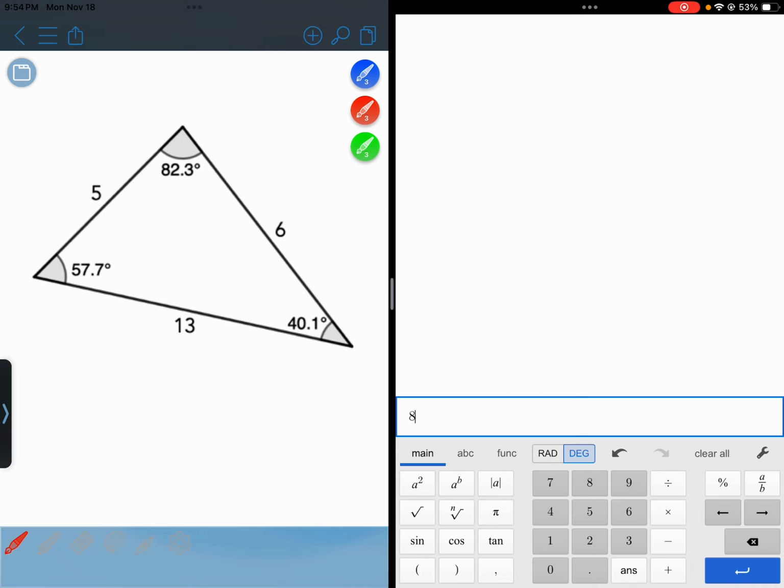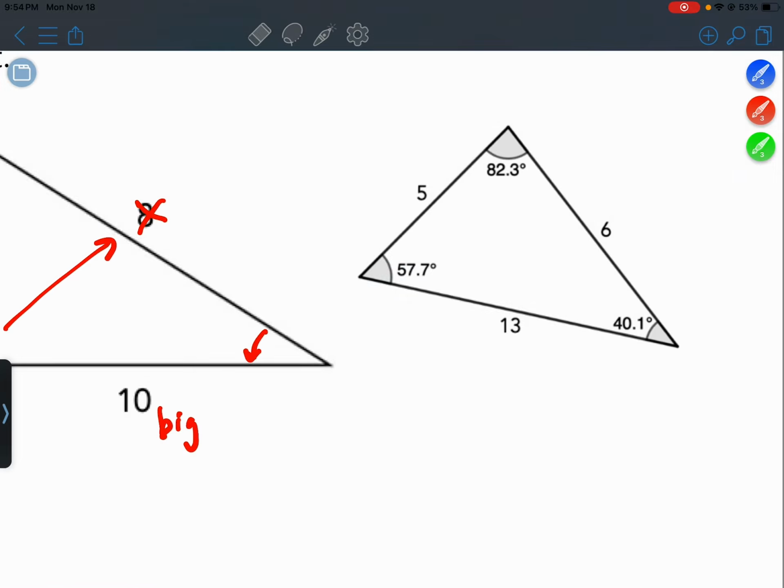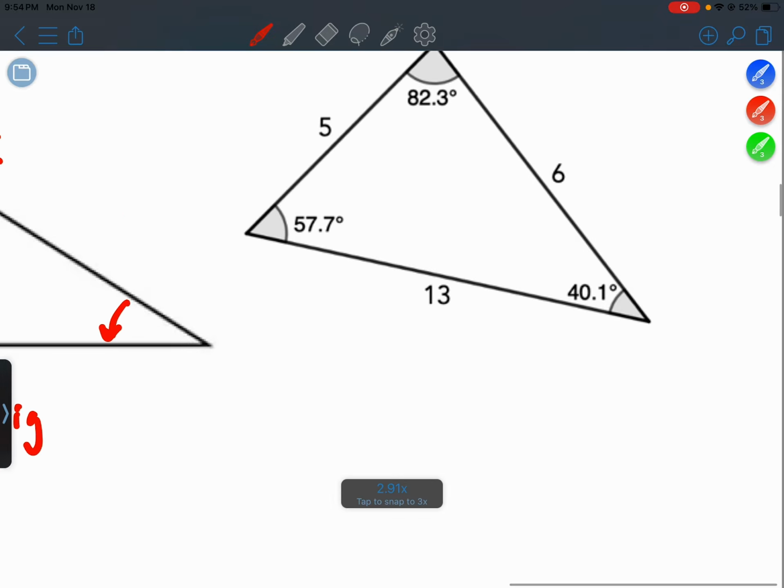We want 82.3 plus 57.7 plus 40.1. That equals not 180, but 180.1. So small problem there, it should be exactly 180. There's another problem with this triangle, and it has to do with the sides.